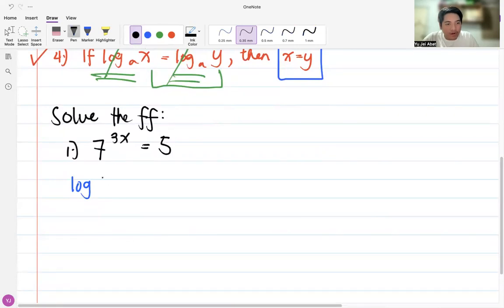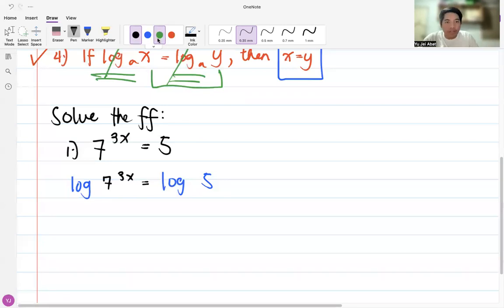So the logarithm of 7 raised to 3x equals the logarithm of 5. If I did not write any base here, it means it has base 10 automatically. If you see a logarithm without a base, it is in terms of base 10.